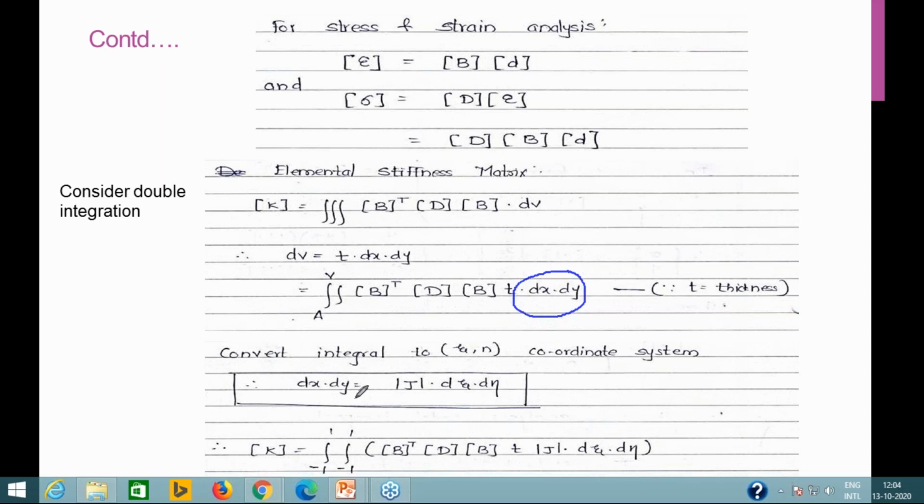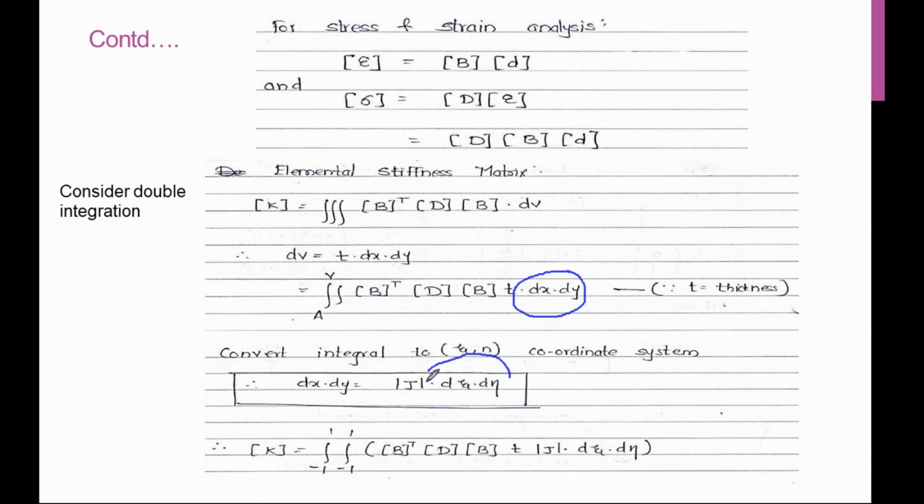I am using the Jacobian matrix for the transformation from one coordinate system to another. So dx dy in the natural coordinate system you can write as the determinant of J times d zeta times d eta, where d zeta and d eta are the natural coordinates. In the modified equation, the integral limits also change from -1 to 1, because natural coordinates lie between -1 and 1.